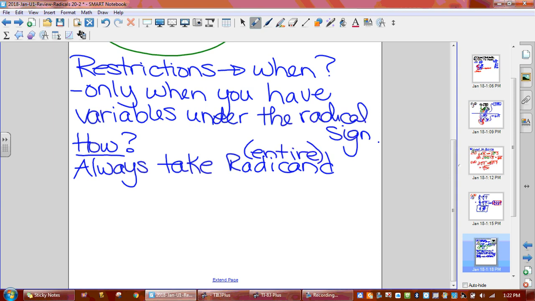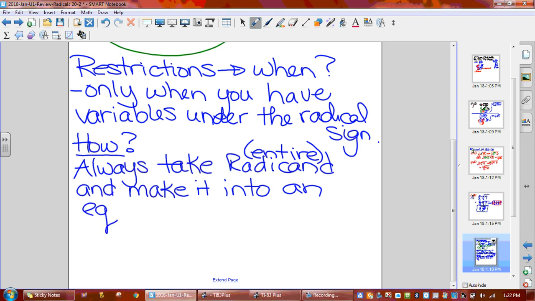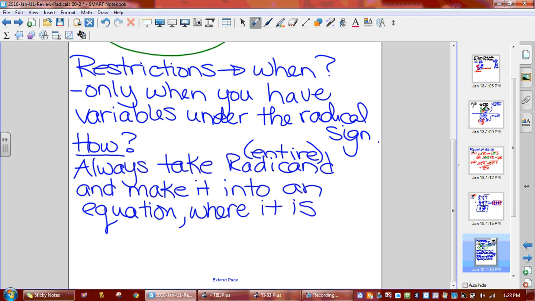So you take the entire radicand and make it into an equation where it is greater than 0. That's how we set it up. So that's our important step.